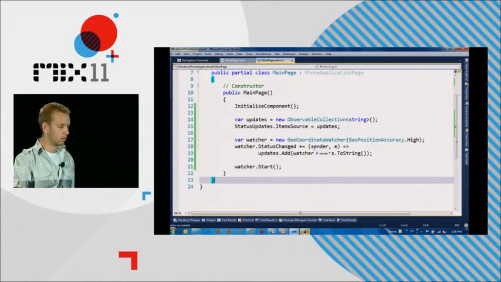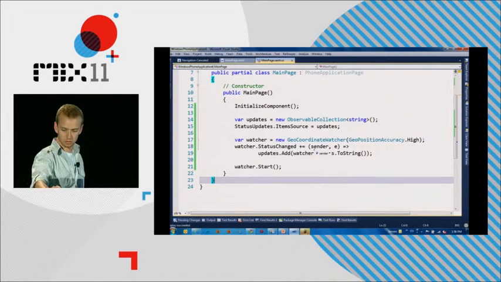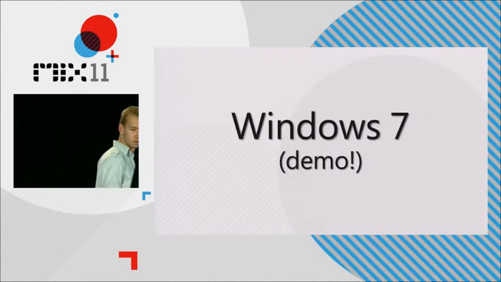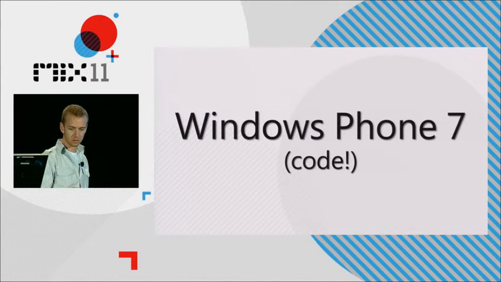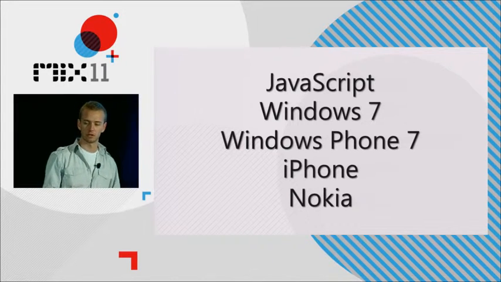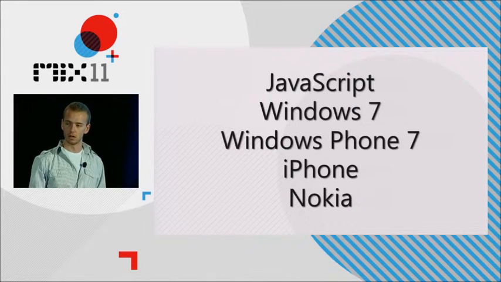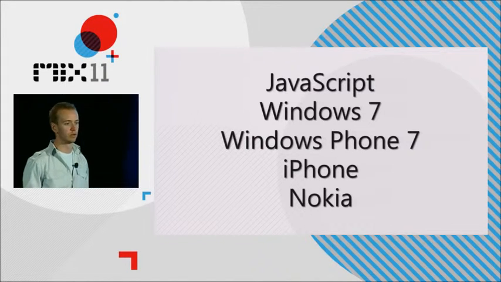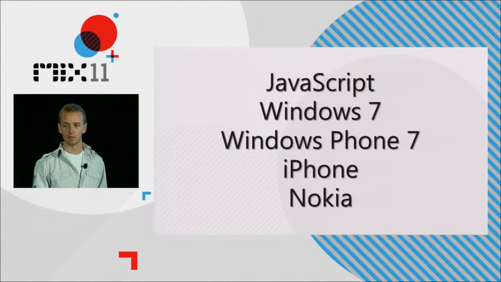Okay, if we jump back across. All right, so in terms of getting location, we've looked at JavaScript, we've looked at Windows Phone 7. Windows Phone 7 stuff is obviously really, really easy, and there's the same support for native level code in iOS. The Nokia stuff is actually really good.